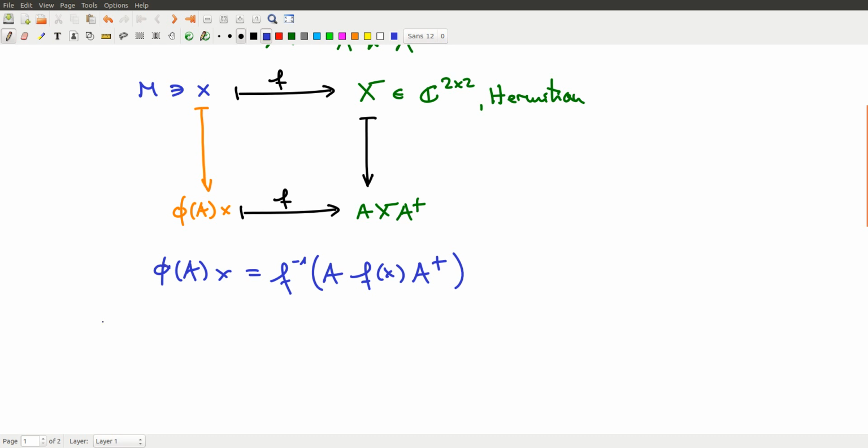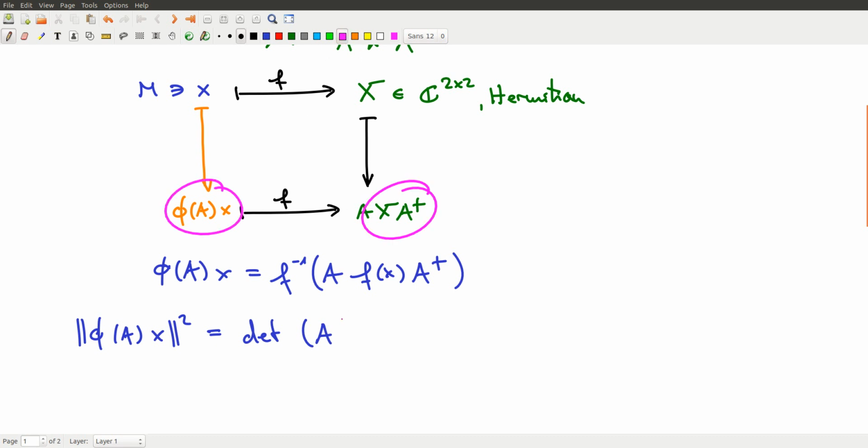Now let's check whether this is a Lorentz transformation. So phi of A applied to x, norm squared. What's that? We know it's the determinant of the matrix corresponding to this point here, and that matrix is A X A dagger.